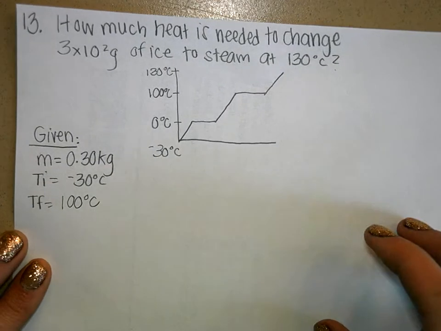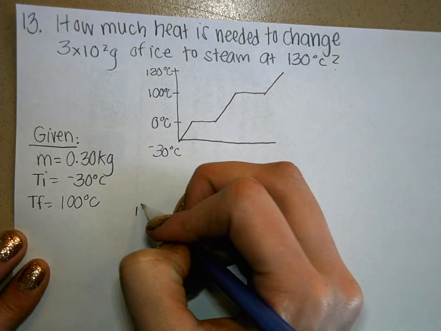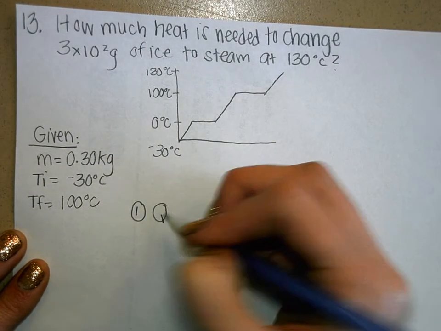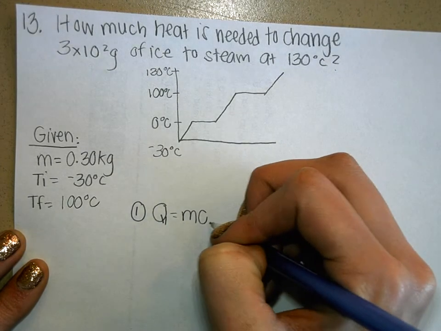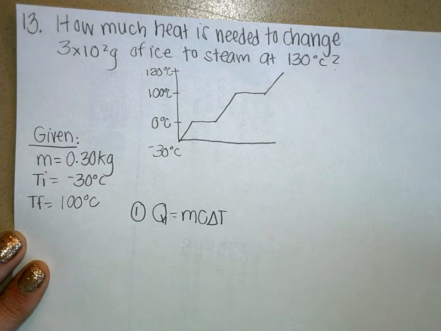So our first step, we need to heat up our ice. So Q1 is equal to mass times the specific heat times the temperature change.